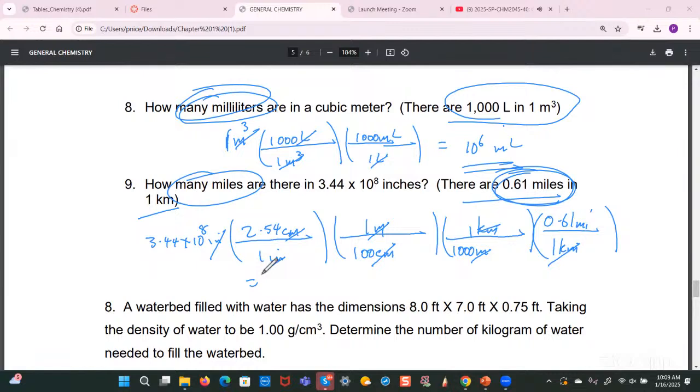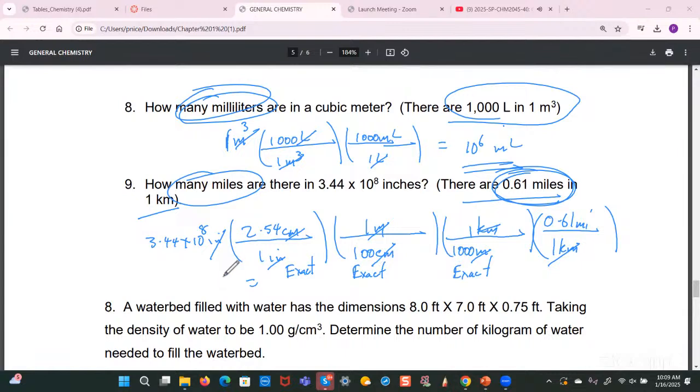And according to my calculation, in this case I need to make the point that the numbers involved here are exact. The same is true here. The same is true here. But this one is not exact, because this is a relationship between a metric and a non-metric unit. So you have to round your answer off to 2 significant figures in this case.